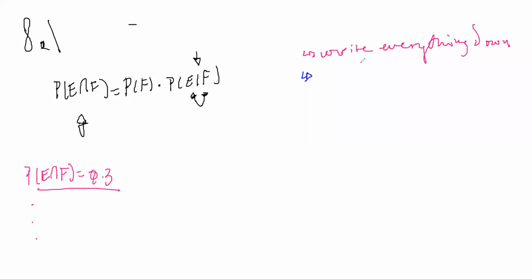I would also recommend that you say something using words, not just using the notation. As somebody who struggles with the notation myself, I need to write down at the beginning of this problem, I am looking for E given that F is the case, instead of just writing the probability of E given F. I need to very explicitly write down what I want in terms of actual words.